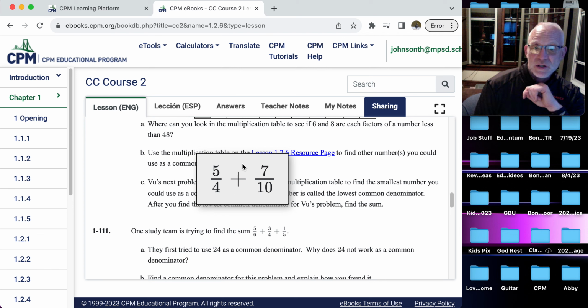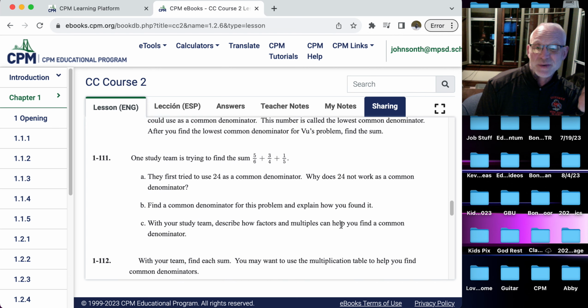So 5/4 times something over something will give us 20. And then 7/10 times a giant one will get us 20. So then they're like, oh, it's got to be 5/5. So that's 25/20. And this one was 2/2, so that's 14/20. Now we can add them up.